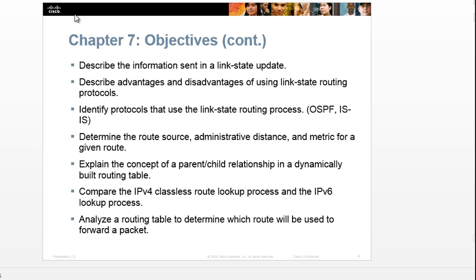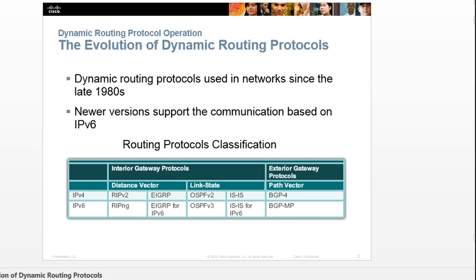We'll talk about administrative distance and metric again. We'll also talk about the concept of a parent-child relationship in a routing table. And we'll look at IPv4 and IPv6 routing tables and how they're set up. Finally, we'll talk about how a route table is used to determine how to forward a packet.